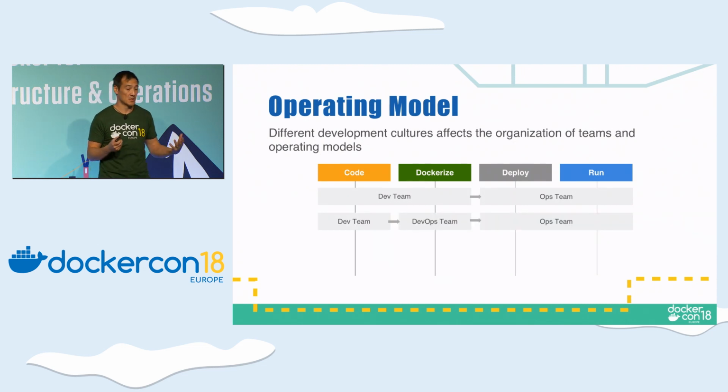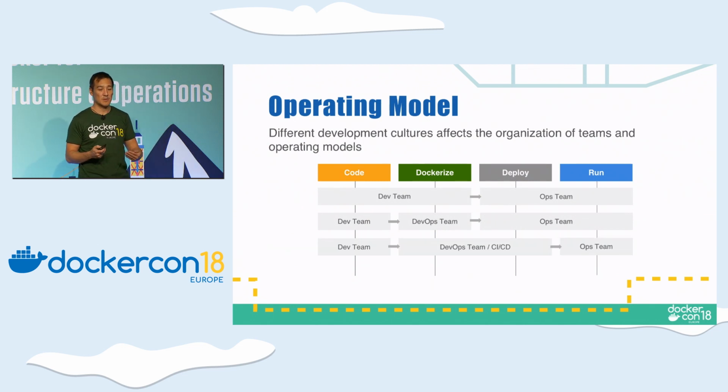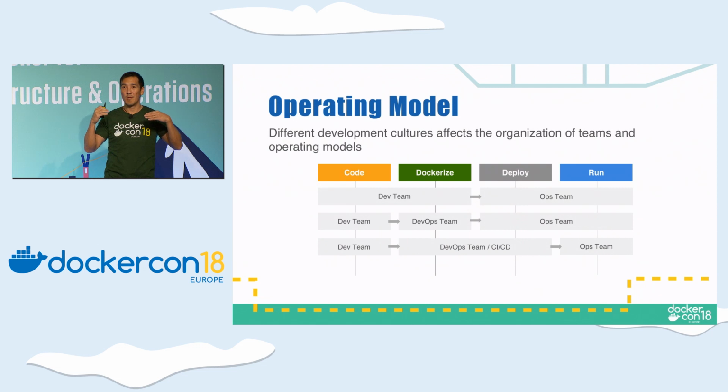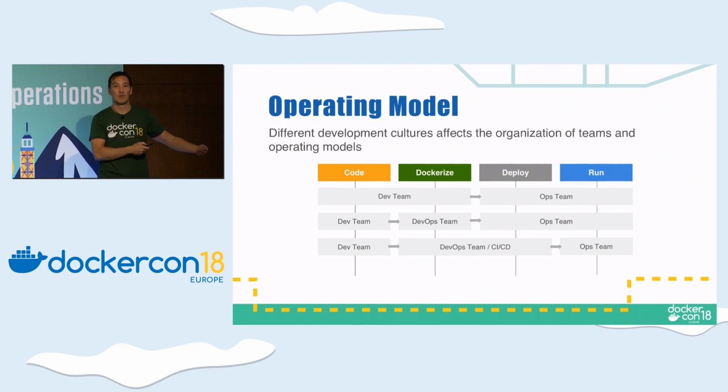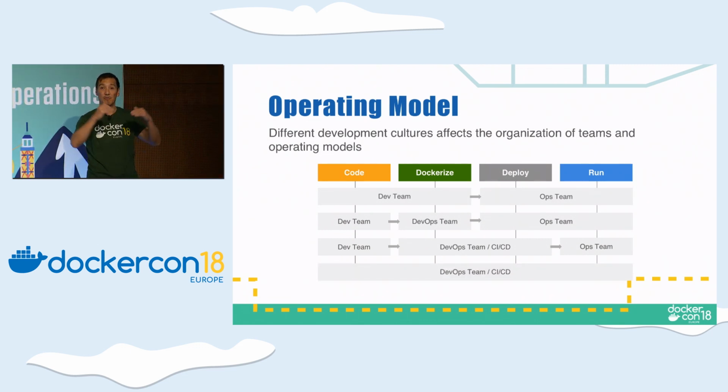So some options here are maybe it's the development team that does it. Maybe there's a new DevOps team, a containerization team that does it. Maybe that whole process is automated. So you just check in your code, it does it automatically, and then it deploys it, and then the ops team just runs it. And then finally, if you already are in a DevOps culture, then it's just one other step in the process.